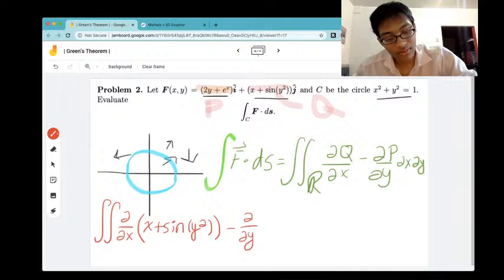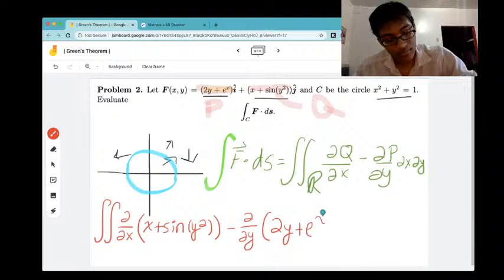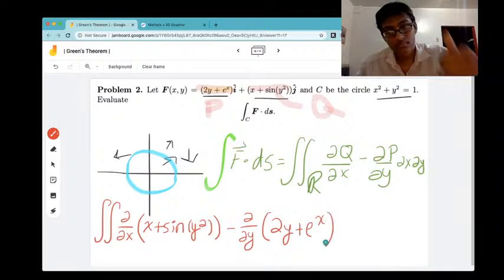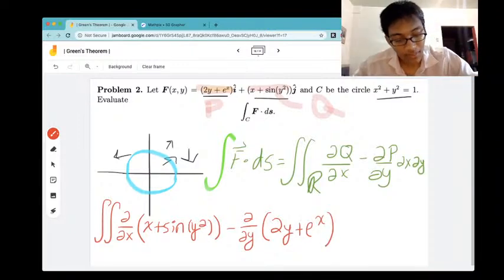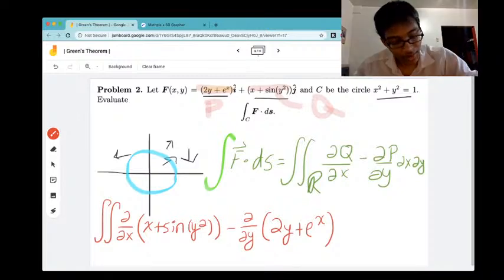And what is my x component? 2y plus e to the x. And what's the final thing I have to do? Well, I have partial x, partial y, and now let's just multiply by those scalars.